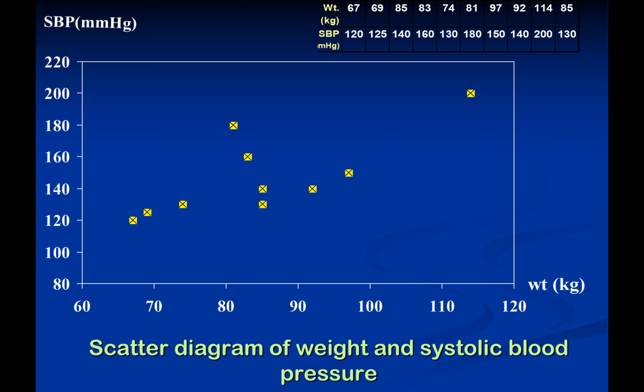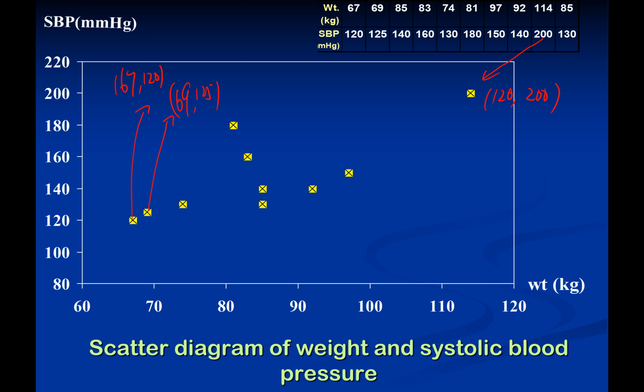This ordered pair right here is 114 with 200, approximately. It's very easy to get in any technology or software. I'm going to show you later how to create a scatter plot in Excel.